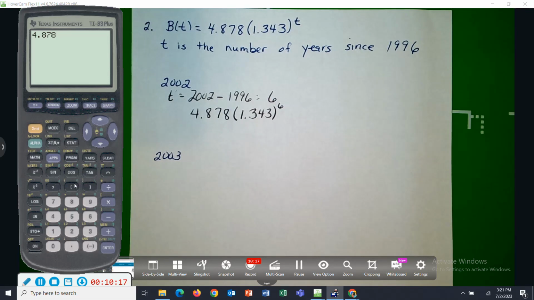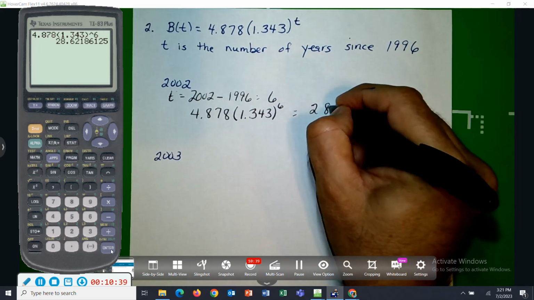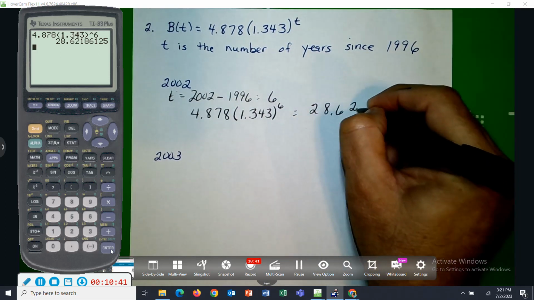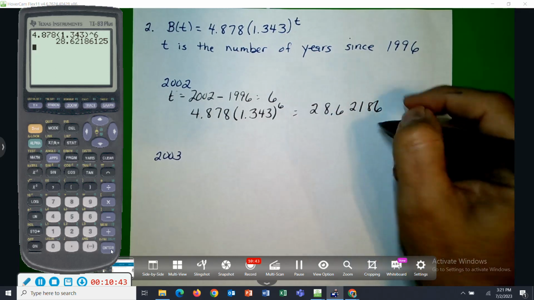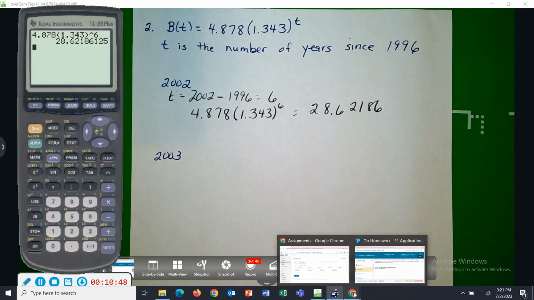4.878 parentheses 1.343 close parentheses. Now to enter that 6 as an exponent, I hit that key, 6, enter. So we're getting 28.62186. I should have looked to see how we are told to round this.